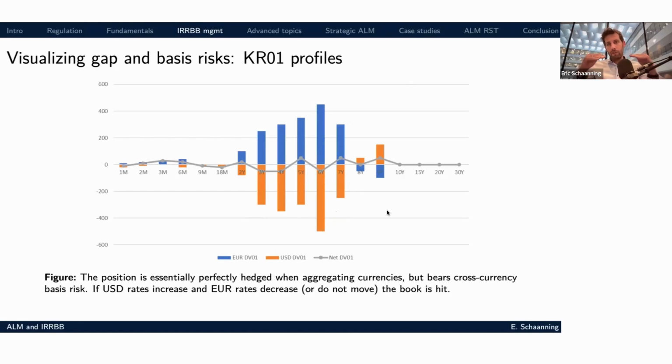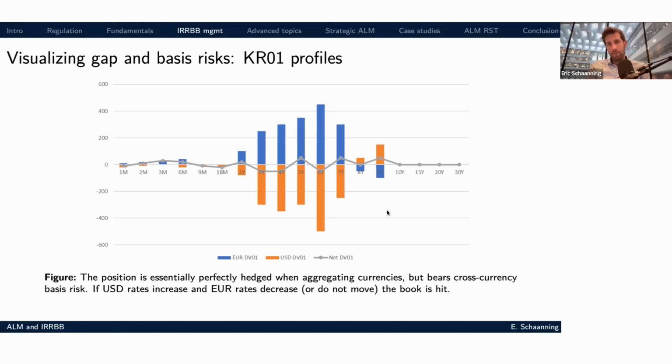So if euro rates and dollar rates both go up or both go down, nothing happens. However, if dollar rates go up and euro rates don't move, you've got a loss. If dollar rates go up and euro rates go down, you've got a double loss because you're losing on your dollar positions and you're losing on the euro positions.